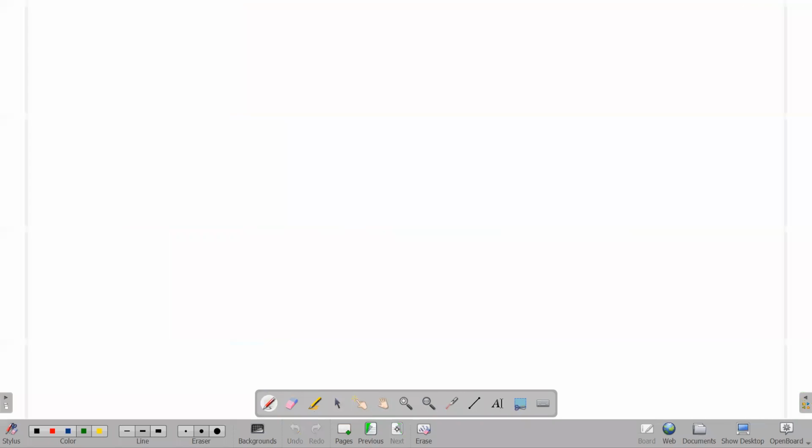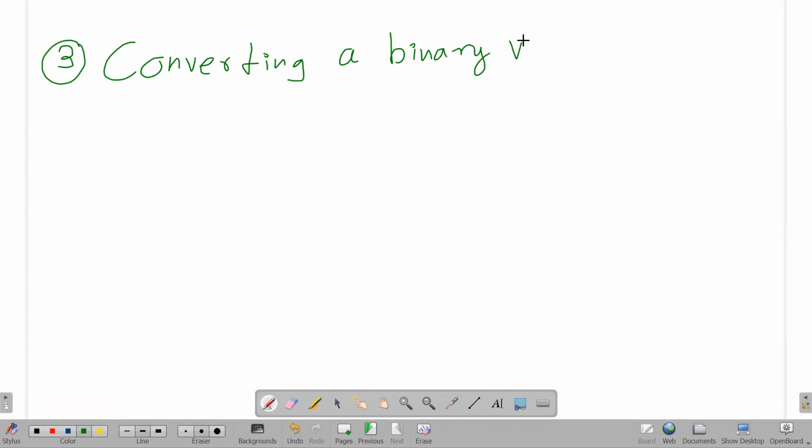So, as I told you, the conversion type that we are going to learn now is the third conversion type. In the third conversion type, we are talking about converting a binary value into octal and hexadecimal.